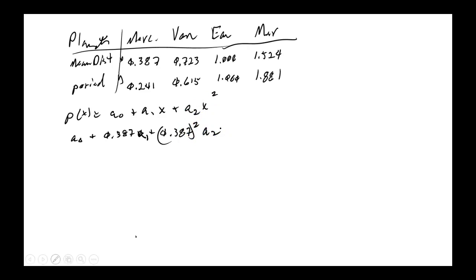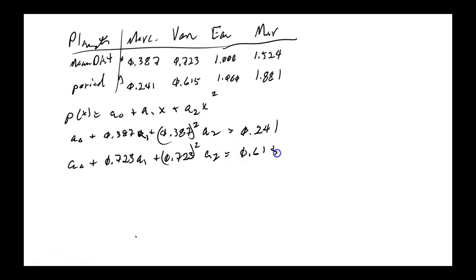Now, you can go on and multiply those out if you want to. Next one would be A0 plus 0.723 A1 plus 0.723 squared A2, because these are the distances you put in, equal to 0.241, and this one's equal to 0.615. That's the Y value at the end.